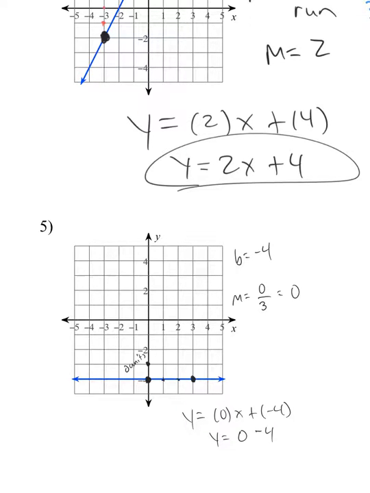So it's just the equation y equals -4. There's no x term here in this horizontal line. It's kind of a special case. You might highlight that one. It just has a y-intercept, and its slope is 0.